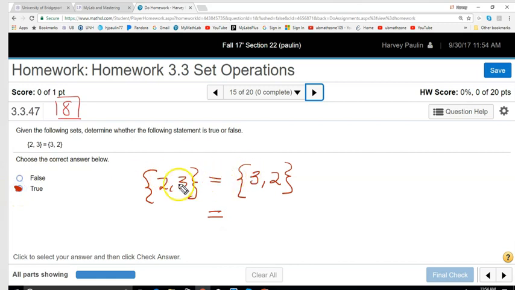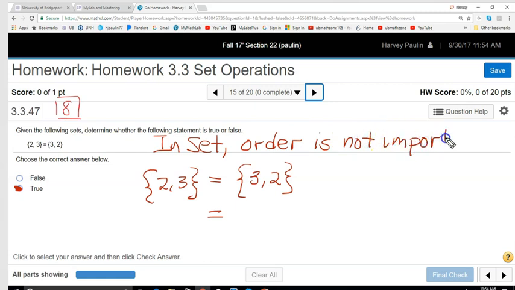But you might say, how about they're a different order? Well, in sets, let me write this out here. You can write it on your paper too. In sets, order is not important or significant. Can choose either word.